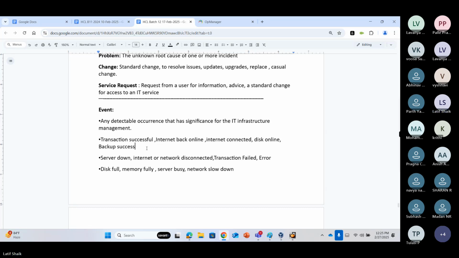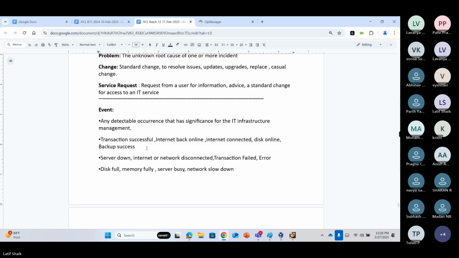Server down, internet or network disconnected, transaction failed, error. It means failed types of things: failed, errors, criticals. Server is down, service is down. Issue, right?